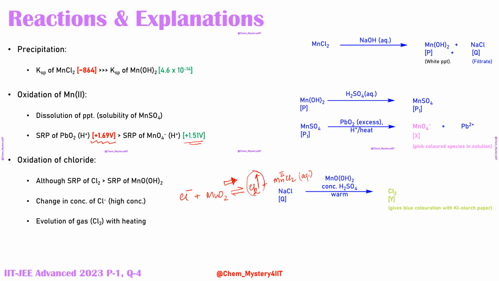If this equilibrium is being driven in the forward direction, what do we expect? We expect chloride will continuously be converting into chlorine and MnO2 will be converting into MnCl2 during this whole reaction.